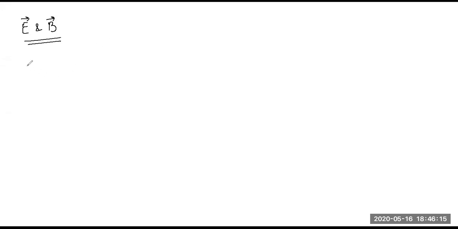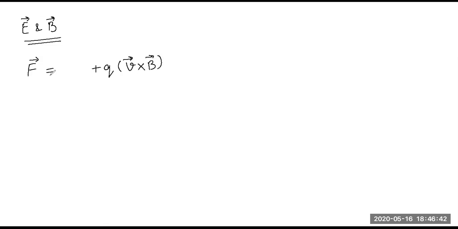Then if I ask you what the net force on the particle of charge q and mass m will be, if electric field and magnetic field both are present, can somebody tell me? See, q v cross B is there because of the magnetic field.